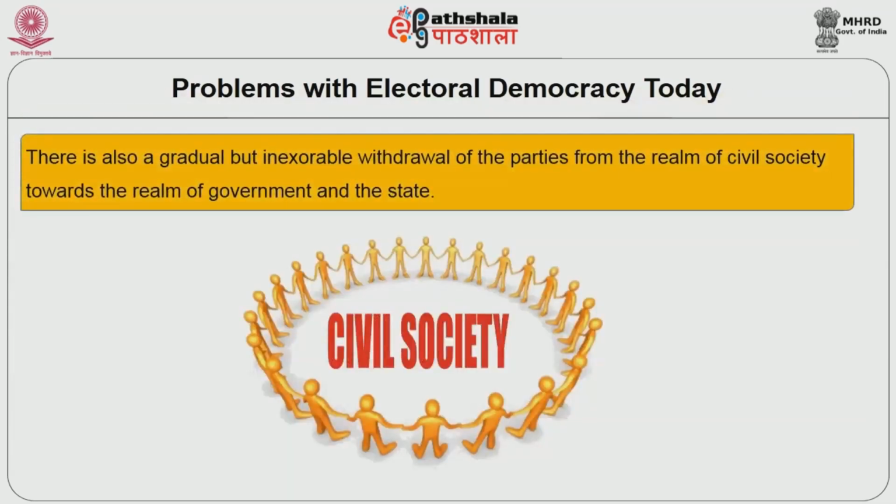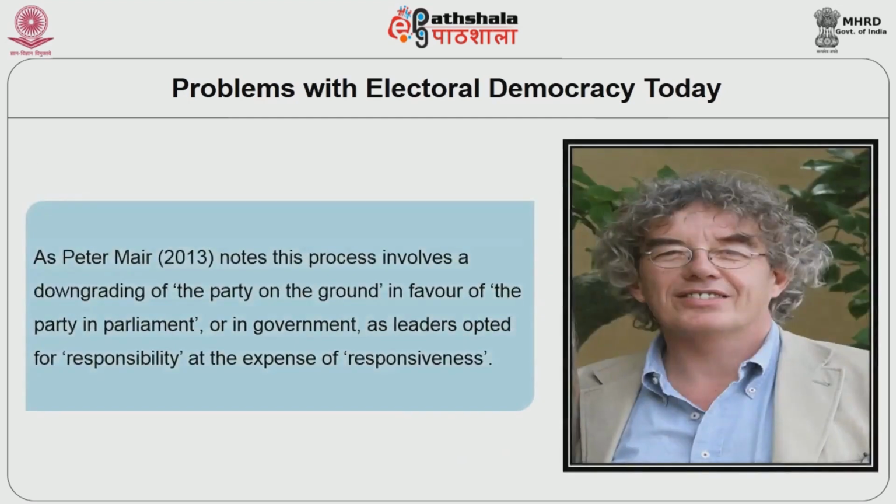There is also a gradual but inexorable withdrawal of the parties from the realm of civil society towards the realm of government and the state. As Peter Mair notes, this process involves a downgrading of the party on the ground in favor of the party in parliament or in government, as leaders opted for responsibility at the expense of responsiveness.